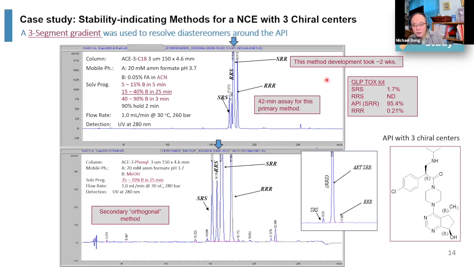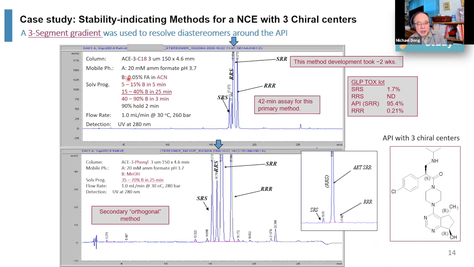Developed all the methods, 40 methods for this project. It is an AKT inhibitor, and it has 3 chiral centers, right? So there's a lot happening around the API peak. We have to control the stereochemistry of the drug substance by resolving all 4 pairs of diastereomer, right? So we talk about that later on.